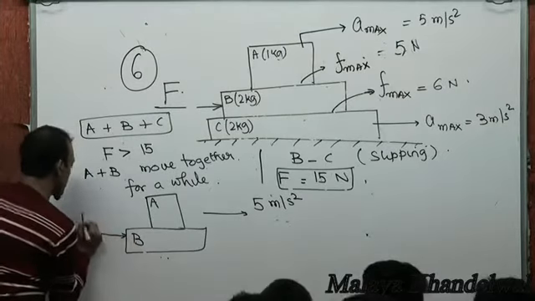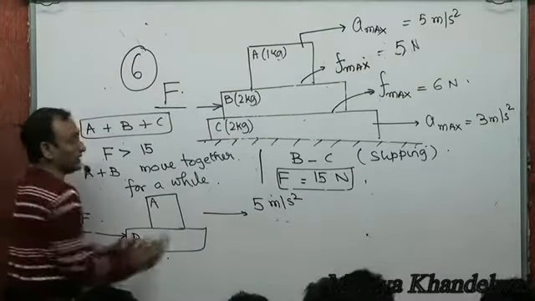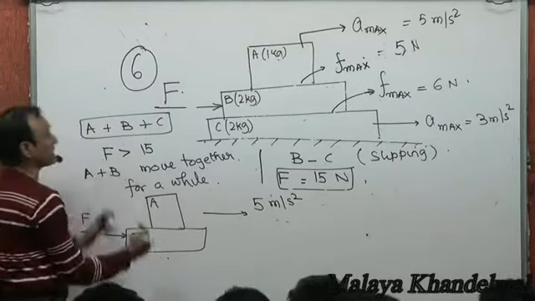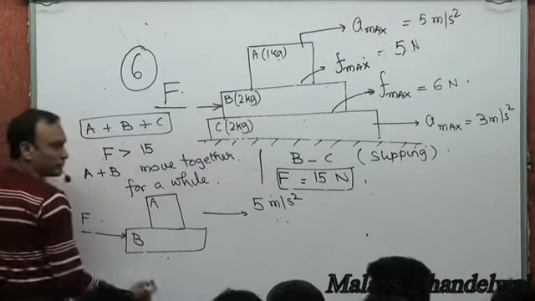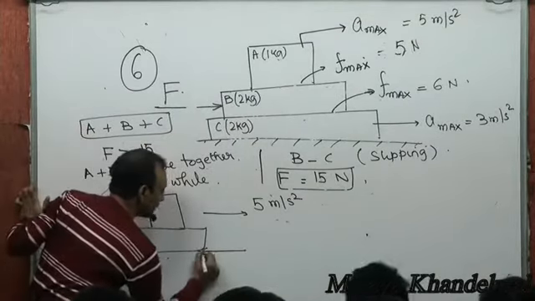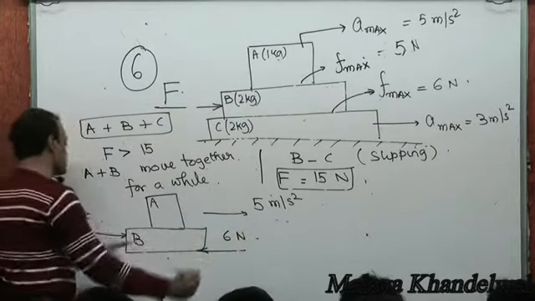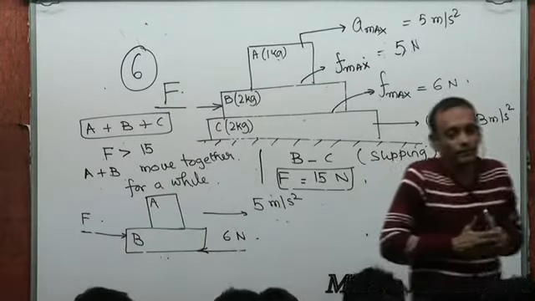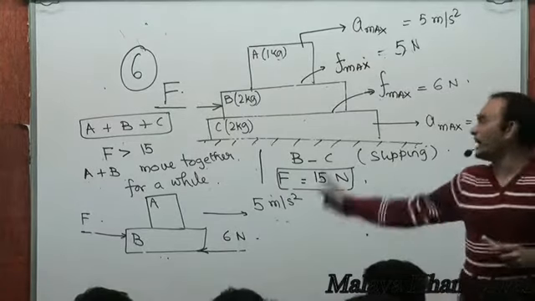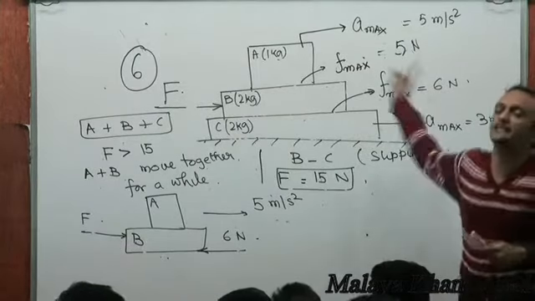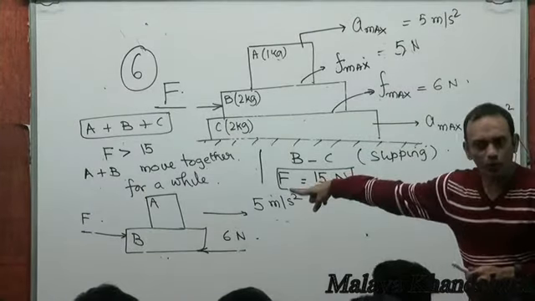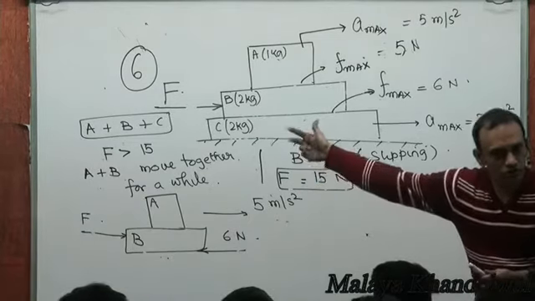F is the force that you want to apply on B so that they acquire a common acceleration of 5 meters per second squared. C will exert on B a leftward 6 newtons. This is the free body diagram of A plus B. So the effect of C gets incorporated in terms of the force that C will apply on B from this point onwards. Yes or no? 6 newtons.